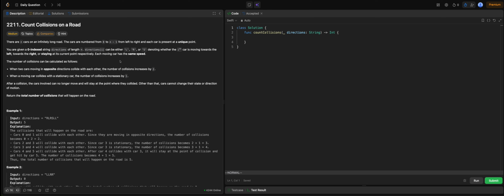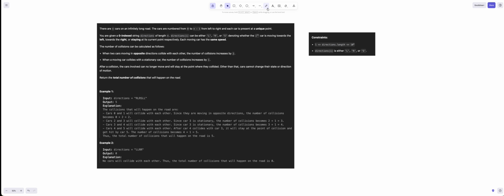The number of collisions can be calculated as below. When two cars are moving in opposite directions, a collision can happen. Let's consider that we have one car here. Let's draw the wheels. Alright, such a cute car.